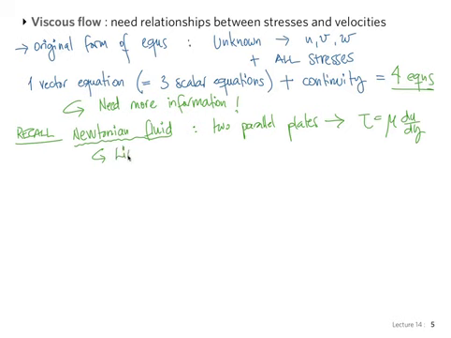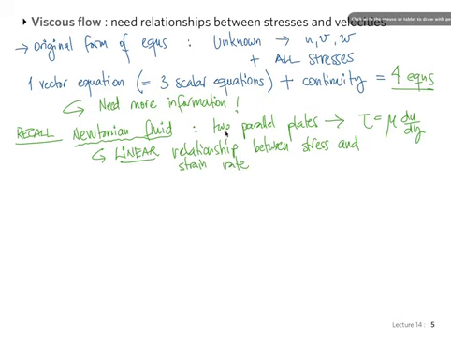So that's what Newtonian behavior means. Linear relationship between stress and basically the shearing strain, or the strain rate, du dy. We call it the strain rate.